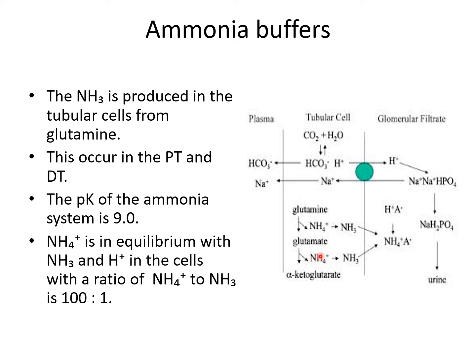So, this ammonium is in equilibrium with ammonia and hydrogen in the cell with a ratio of 100:1 from a pK of 9 to 7 pH. Now, this ammonia, which is secreted from the tubular cells, binds with the hydrogen ion present in the tubular filtrate, and that will again produce NH4+.